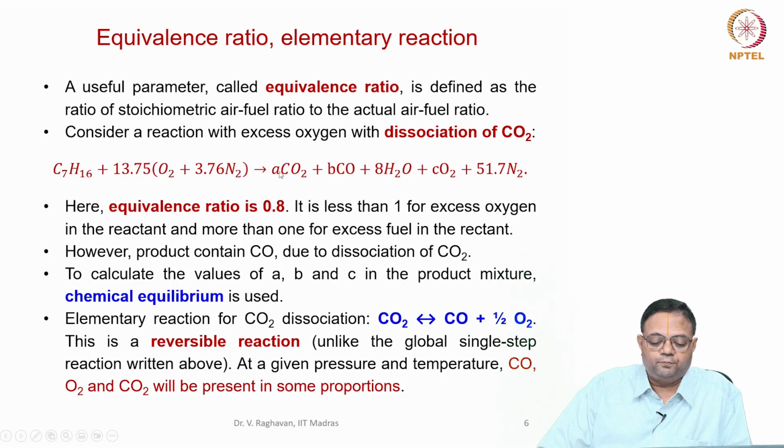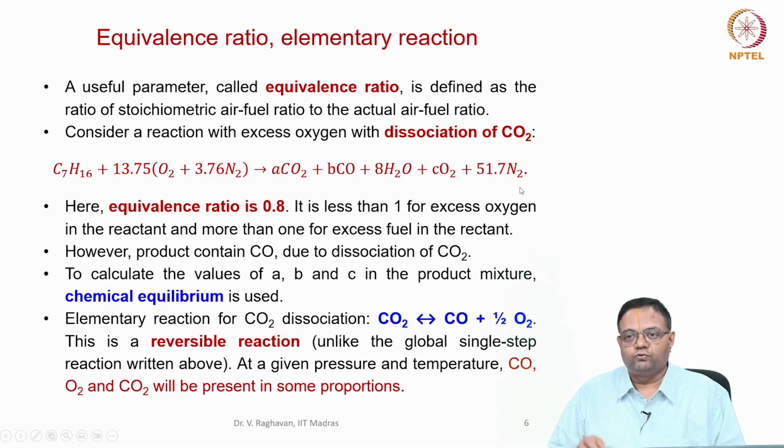So if there is no dissociation, we don't expect CO. So I can say 7 CO2 and 2.75 O2. So the equation is straight away closed if there is no dissociation.